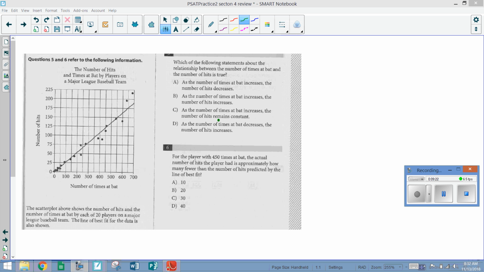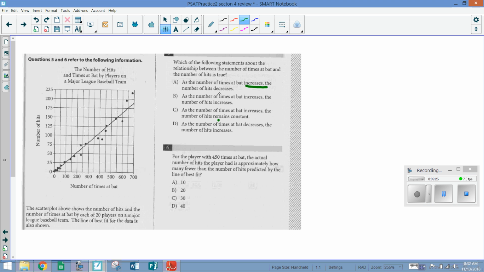It's supposed to be same, increase, or decrease, done. So increase should be correct. When you look at that one, it's saying constant. No, it's not constant, it's continuously increasing. The number of times at bat decreases and increases, so it has to be the same and has to be increasing. Very simple. Thank you. So question 5 is B.